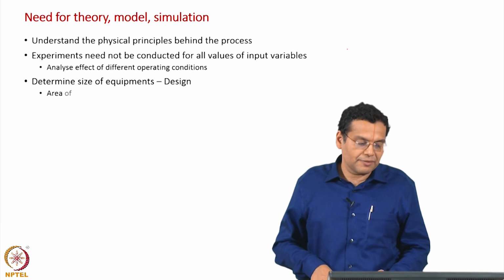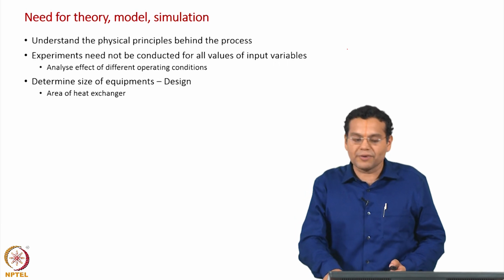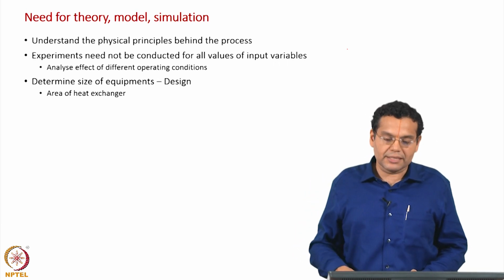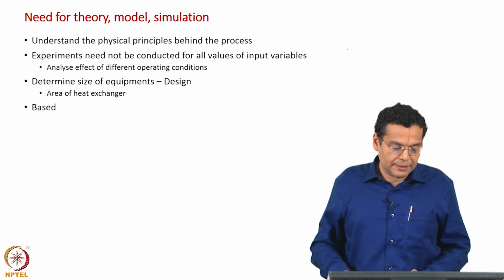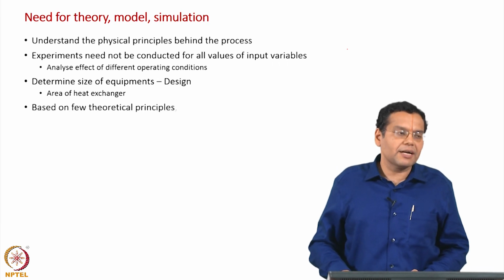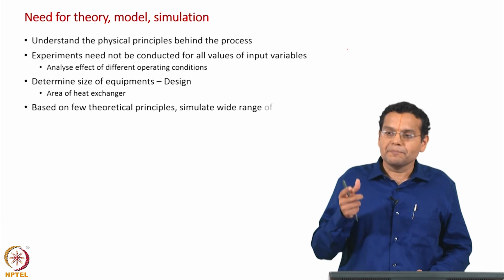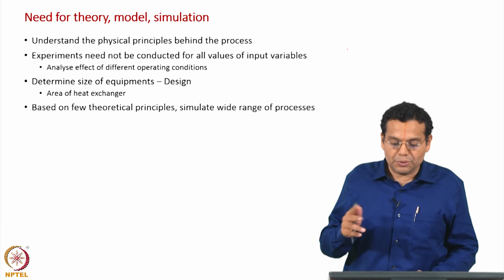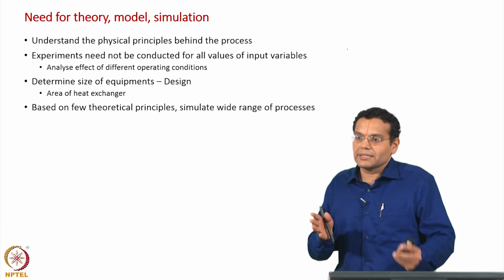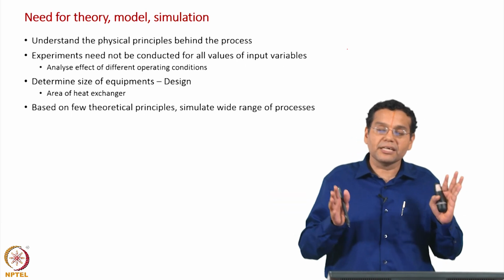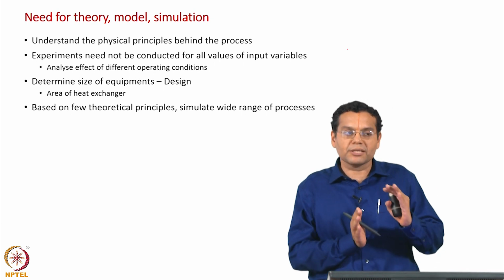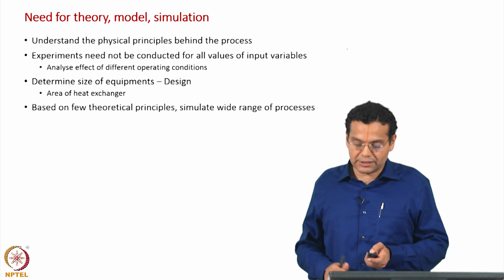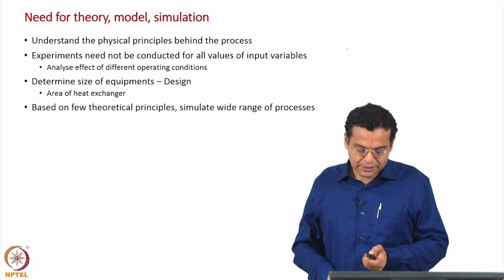For example, if you have a heat exchanger in a chemical engineering plant, you find the area of the heat exchanger using a model, it becomes a design. Okay. And the advantage of model and theory is that based on a few theoretical principles, you can simulate a wide range of processes. The theoretical principles governing different processes are the same, a small set. So, if we understand them, we can simulate a wide range of processes. Okay, that is the advantage of theory and model.